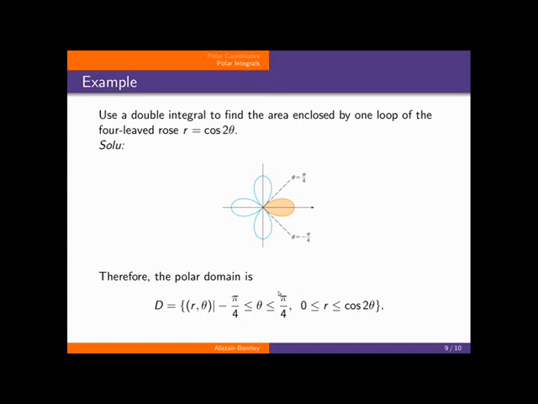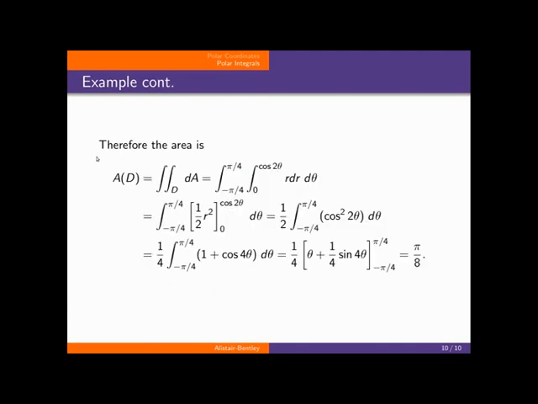So we can represent the domain of this leaf using this polar rectangle, where theta is allowed to vary from minus pi over 4 to positive pi over 4, and r varies from 0 up until a function of theta, cosine 2 theta. So finally, now that we've defined the region in terms of polar coordinates, we can think about evaluating its area.